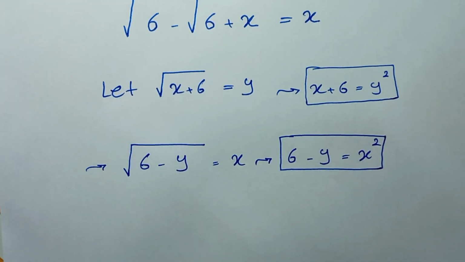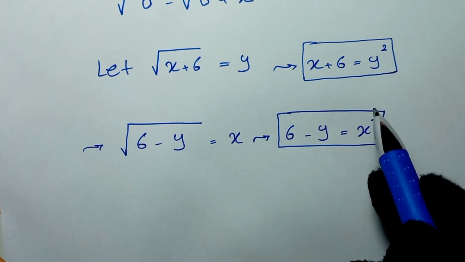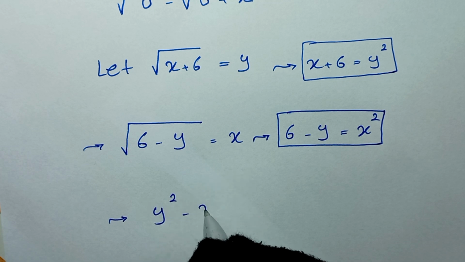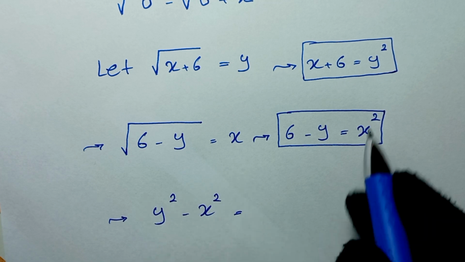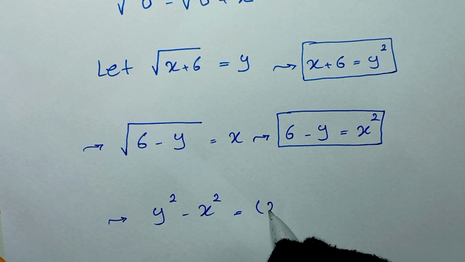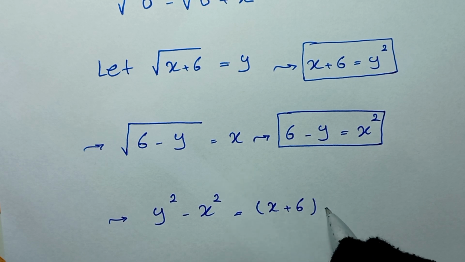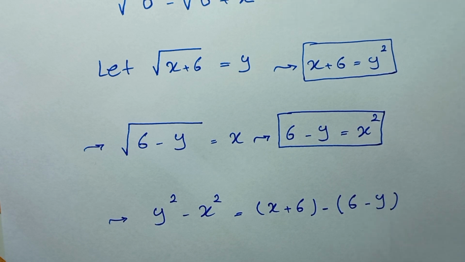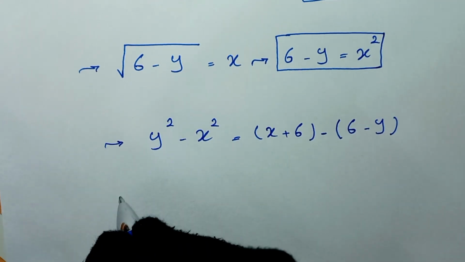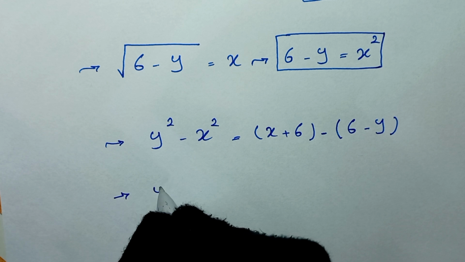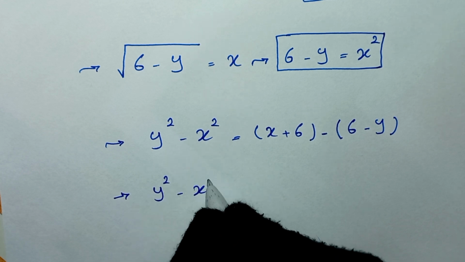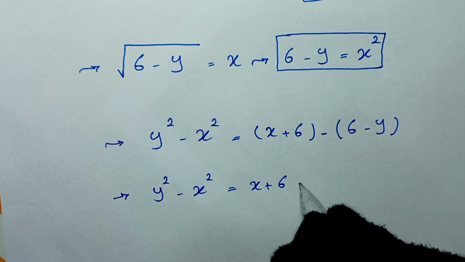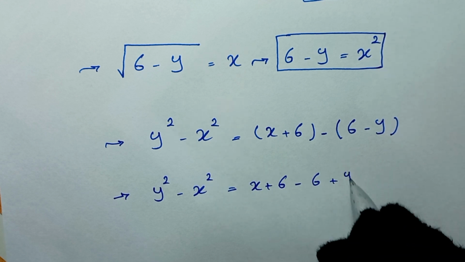And next step, we subtract these two equations, and it will be y squared minus x squared. y squared is x plus 6 and minus x squared is 6 minus y, and it will be y squared minus x squared is equal to x plus 6 minus 6 plus y, right?